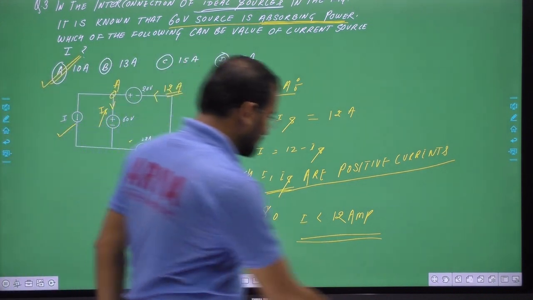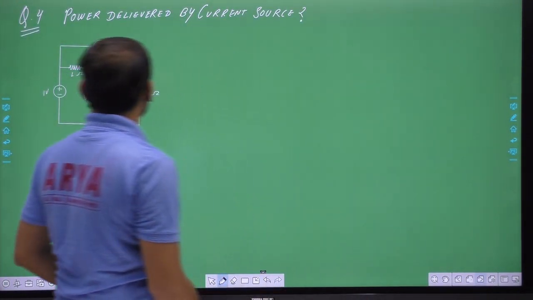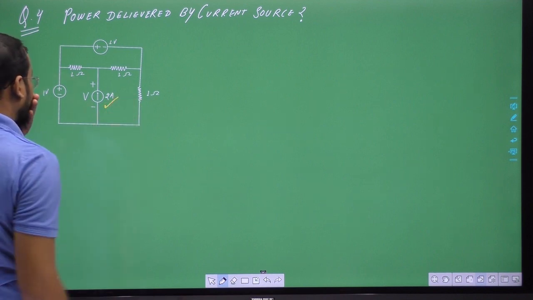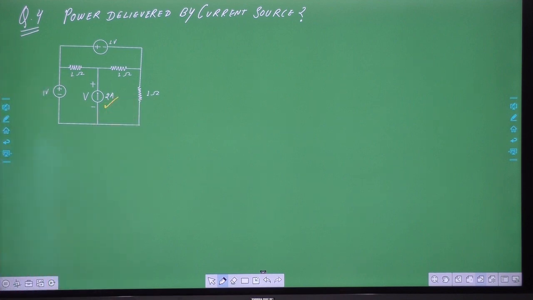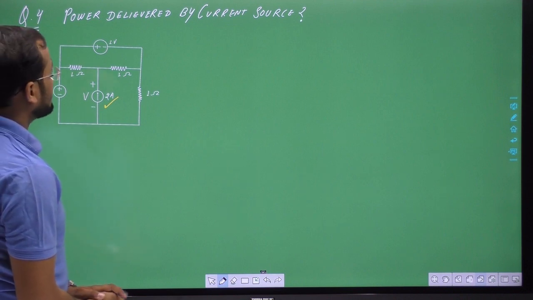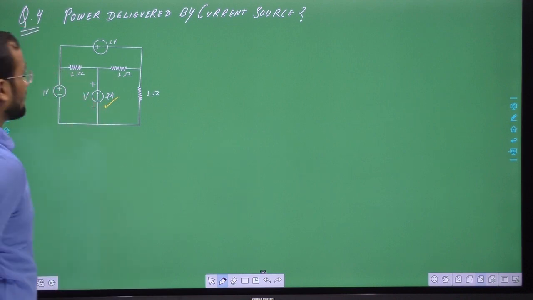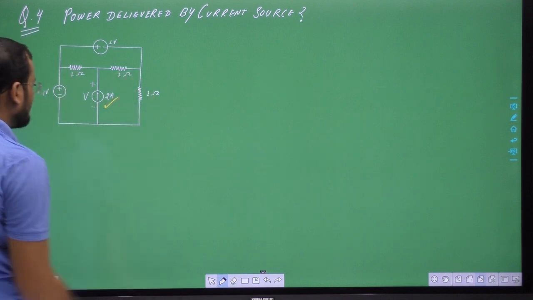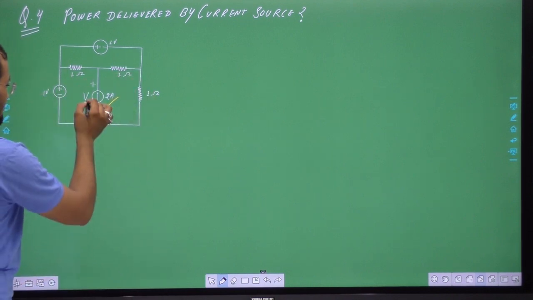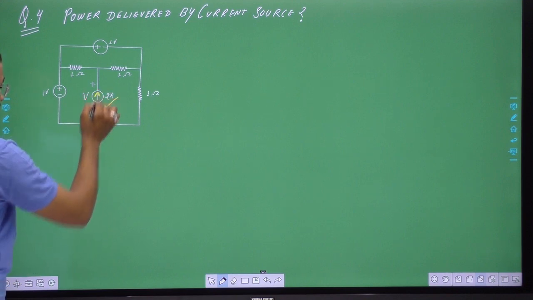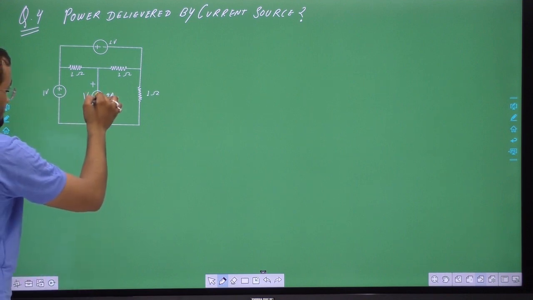Okay, the next question is power delivered by the current source. We have to find the power delivered by the current source. There is only one current source, 2 ampere. As the question asks for the power delivered by the current source, we already give it the plus and minus polarity, because the 2 ampere current source has a sign like this.